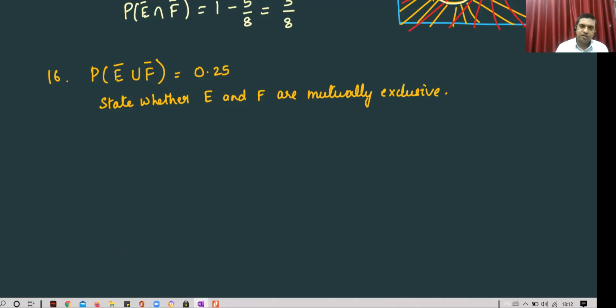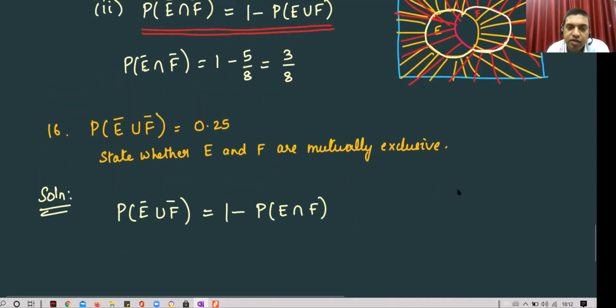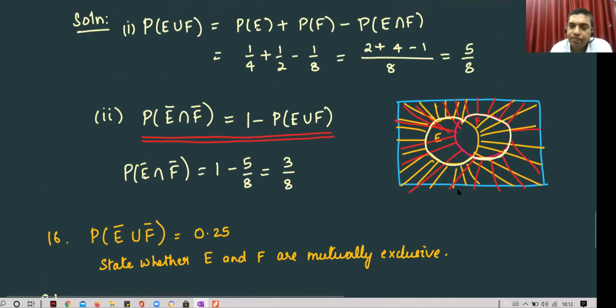Now let us see this. P of not E union not F will be 1 minus P of E intersection F. Let us go back to the previous one.